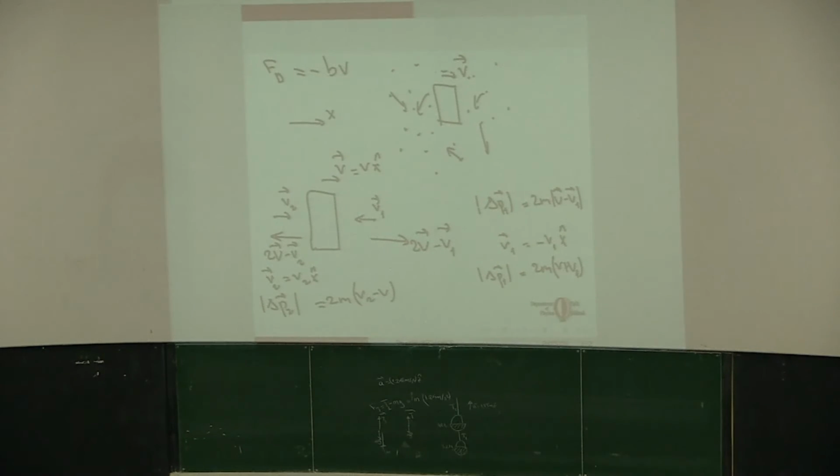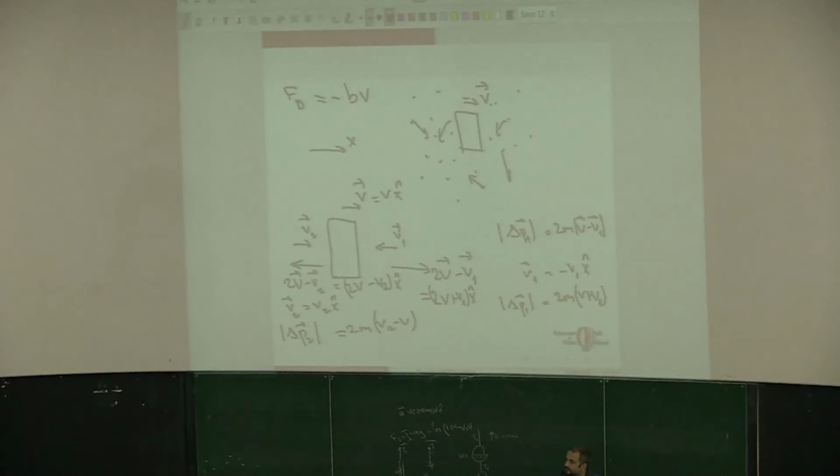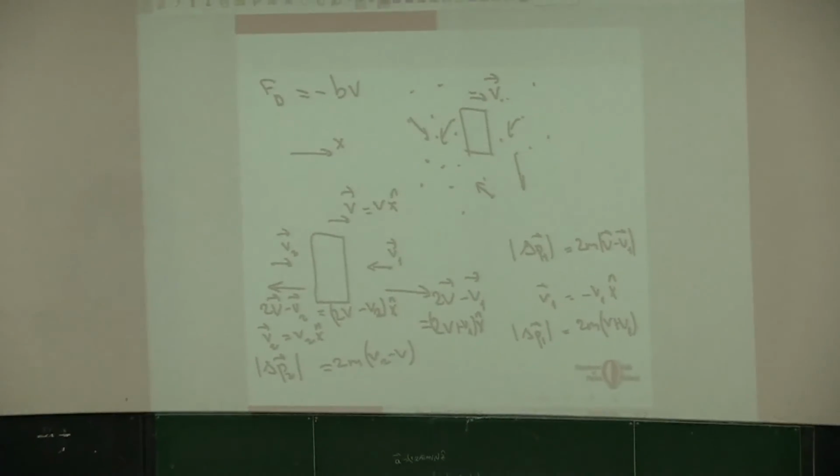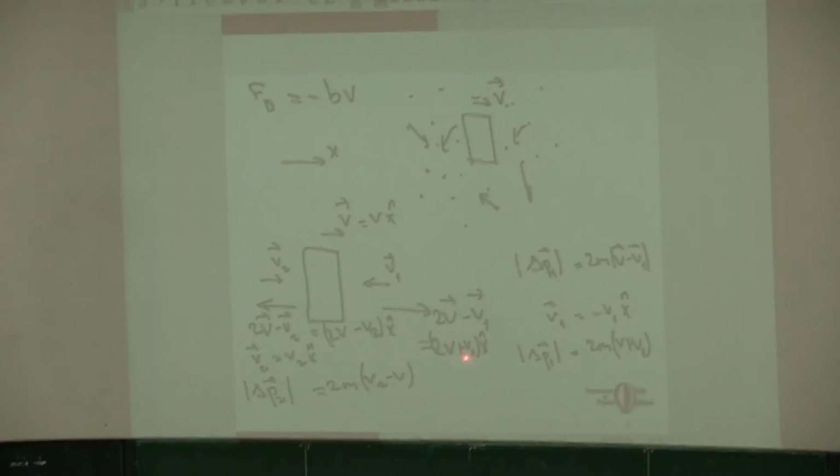Two v minus v1. No, both of them are correct. But you see this: 2v minus v1 is 2(v plus v1) in the x-hat direction. And here this one is 2(v minus v2) in the x-hat direction. Now this sign difference is due to the vector nature of the velocities.